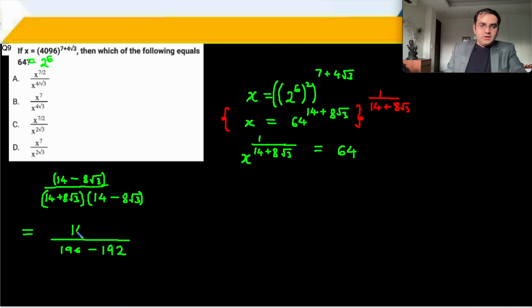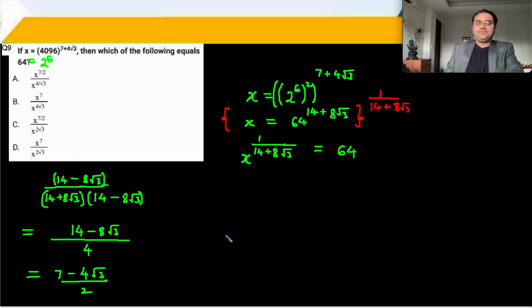So 196 minus 192 upon 14 minus 8 root 3. So finally upon 4 रह जाएगा. So you get 7 minus 4 root 3 upon 2.